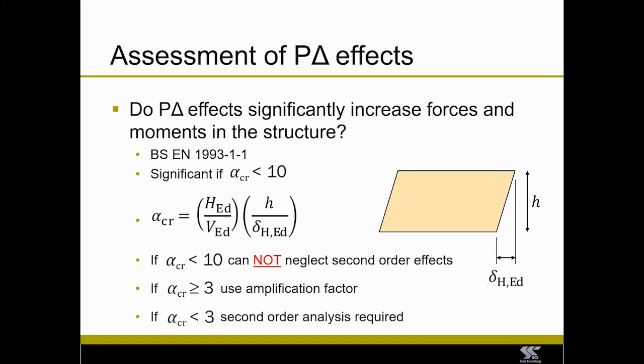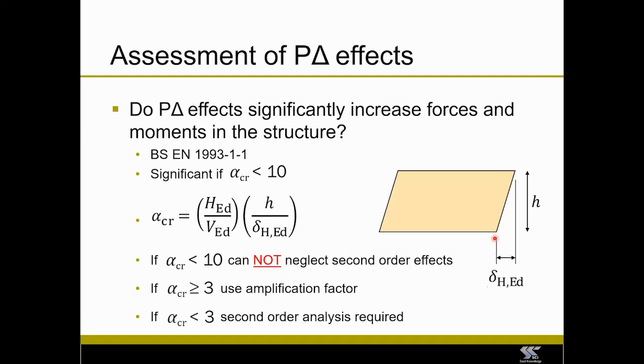So in terms of the assessment to determine whether these P delta effects are significant or not, again, the Eurocode 3 part 1.3 tells us exactly how we can do that. It's all dependent on this alpha crit value, and alpha crit is dependent on our horizontal design effects and our vertical design effects, and importantly that story height and the deflection that we get within that story height.